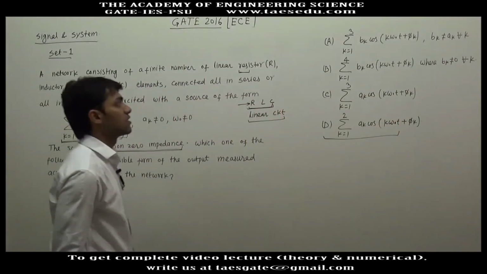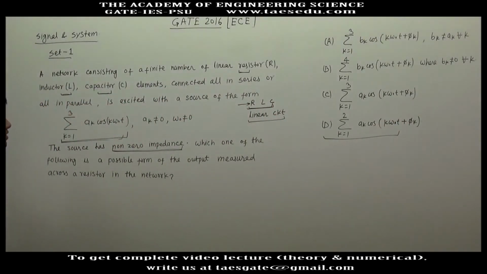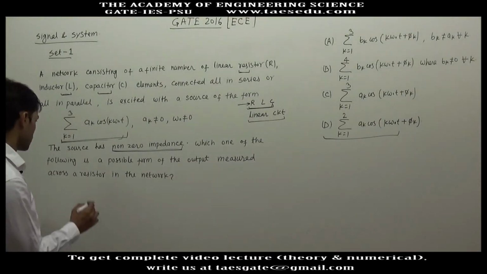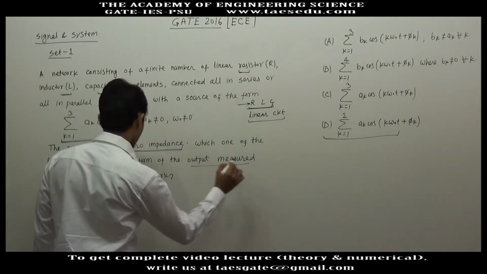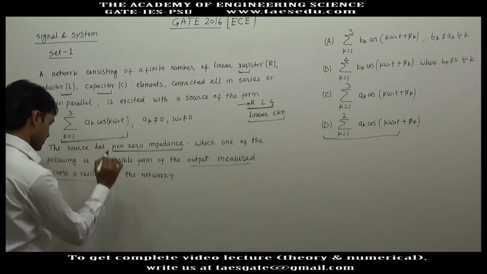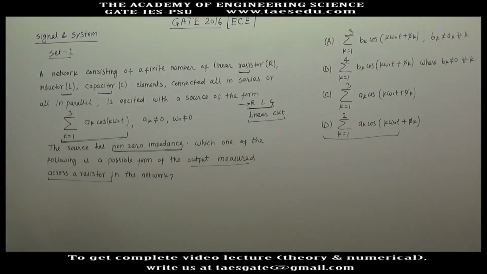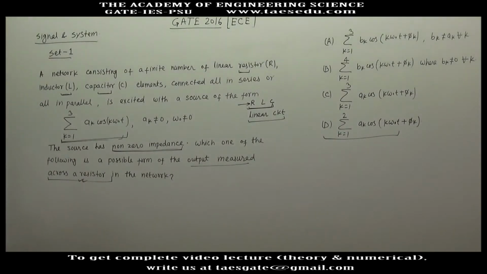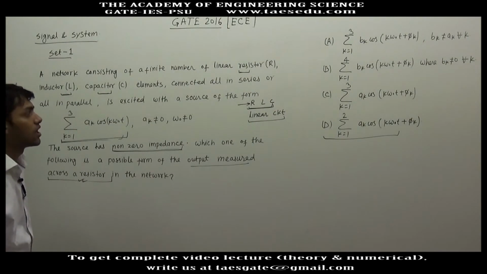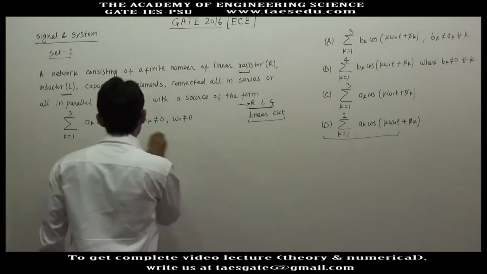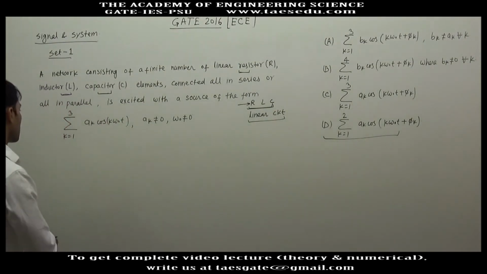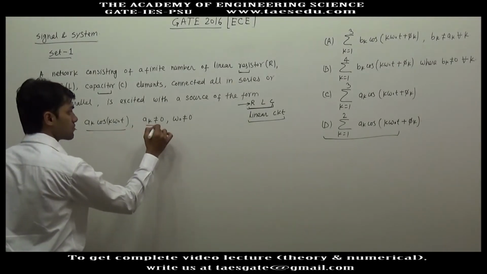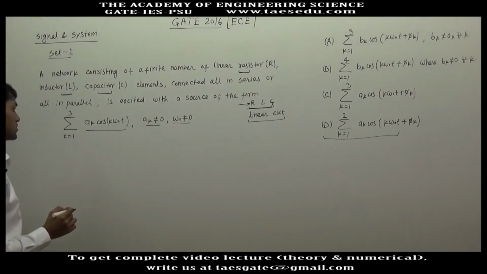So in general, what will be the form of the output voltage across any resistance? The output is measured across a resistor. So we have to find out the general form of output. So this is the form of source. The amplitudes are not equal to 0 and omega naught is not equal to 0.